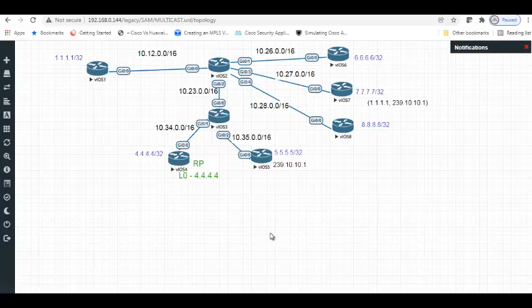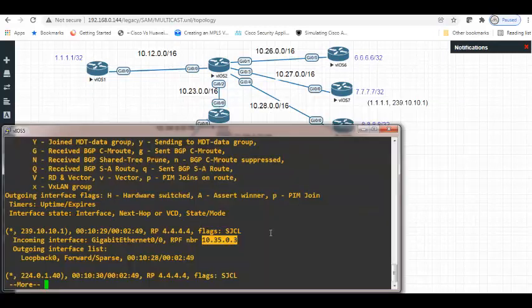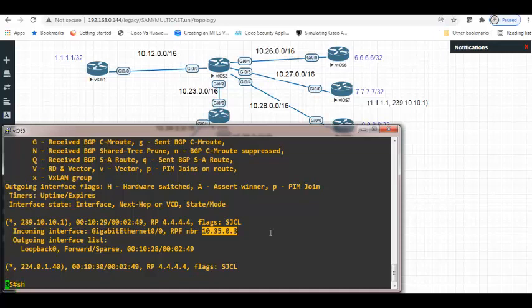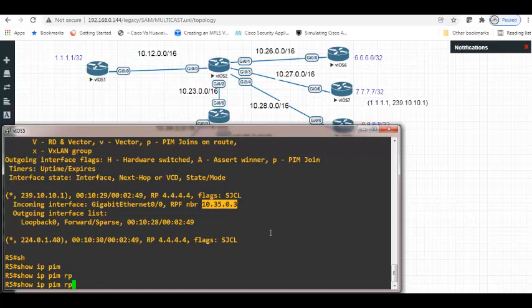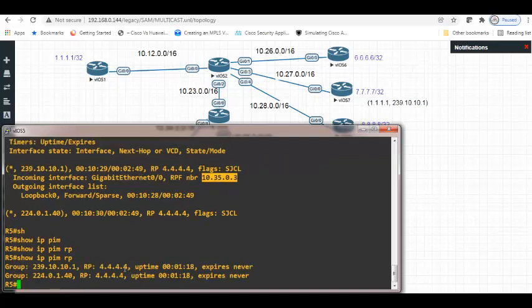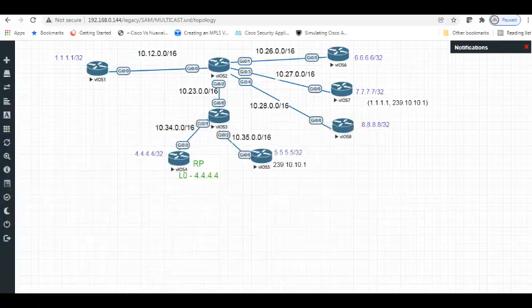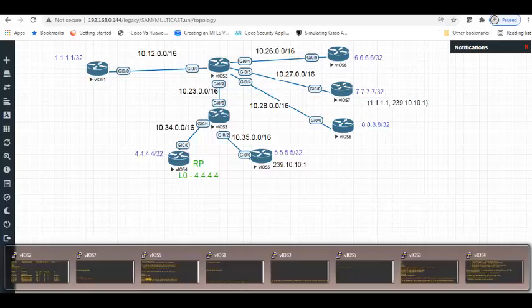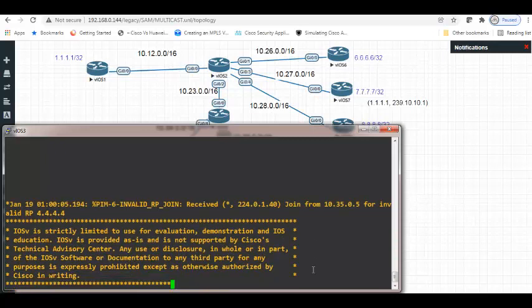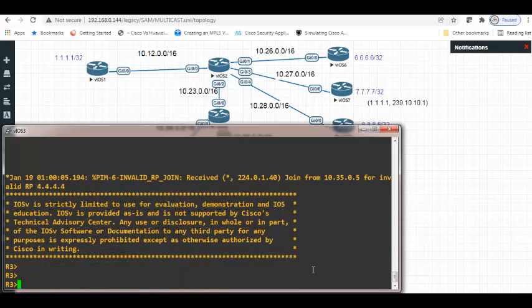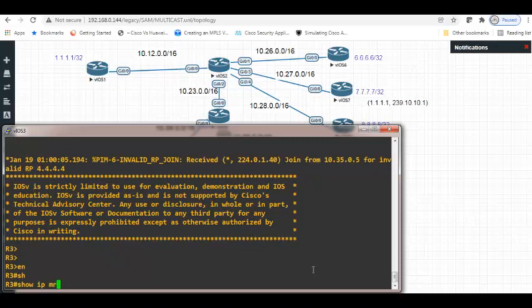You see, router 5 says show ip pim rp. Router 5 says I'll use this address as an RP to register this group member. Router 4 also knows that because he himself is the RP, but router 3 does not know. You see, router 3, show ip mroute.